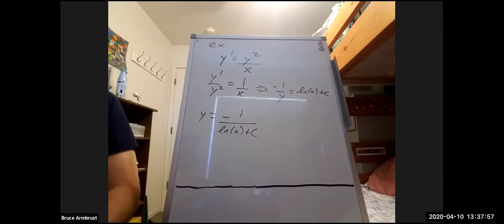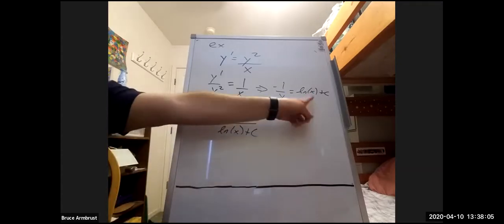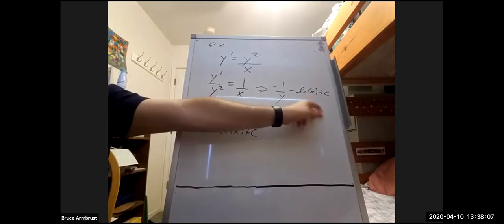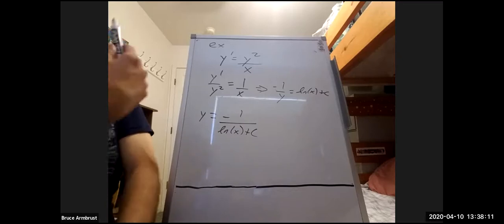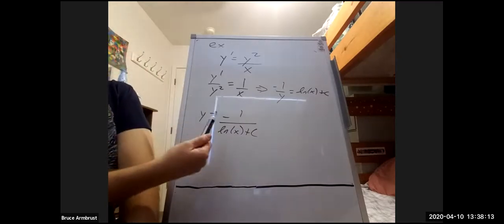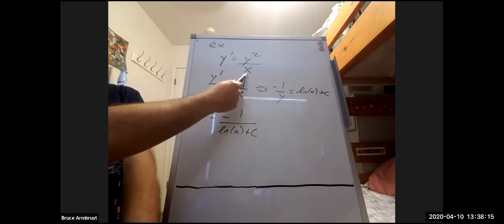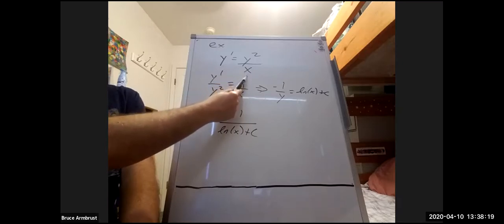All right, so some things we can talk about right now, before we even go to an initial value problem, are similar things. We got the natural log when we integrated. So technically, absolute values. And we also see that x cannot equal 0. Go back to the original differential equation, we're dividing by x.